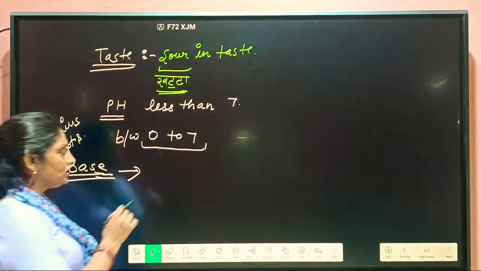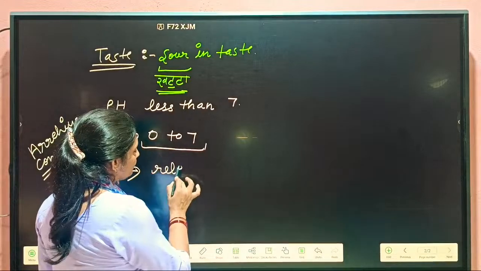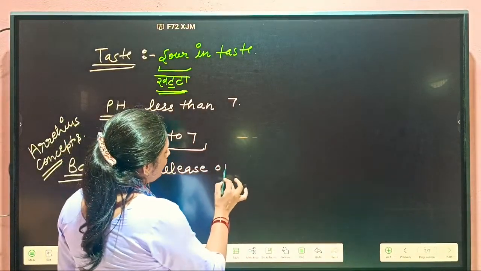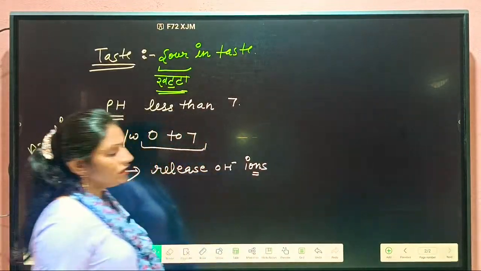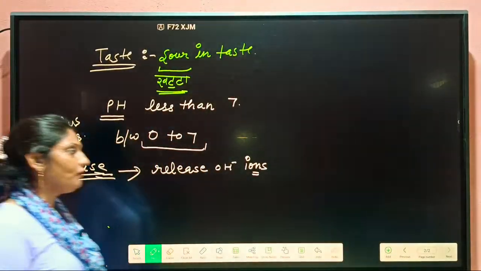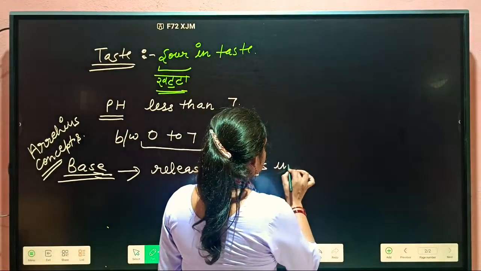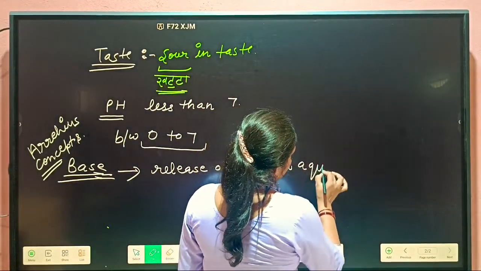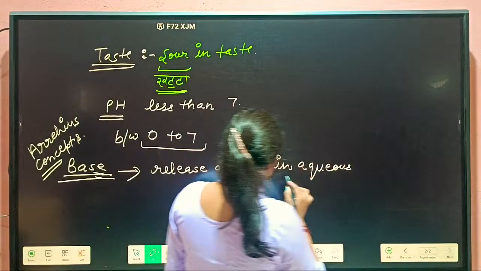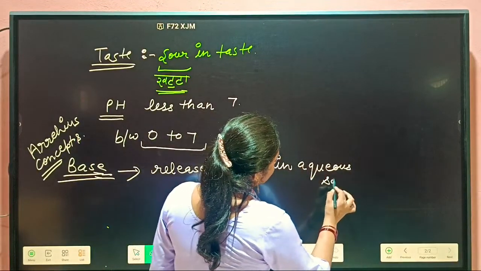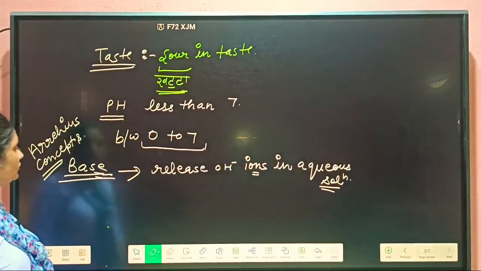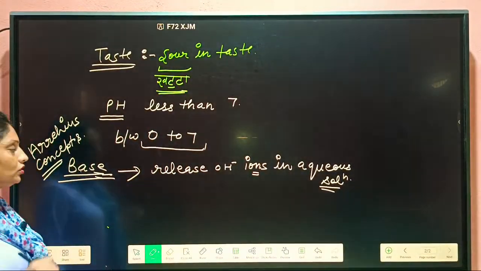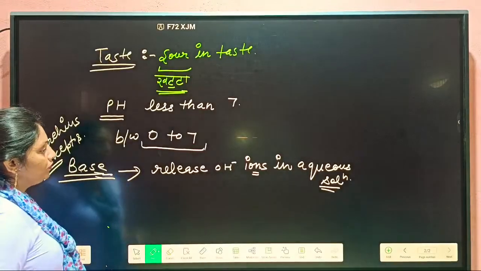Bases are those substances which release OH negative ions after dissolving in water, or we can say in aqueous solution. Those substances are known as the bases.